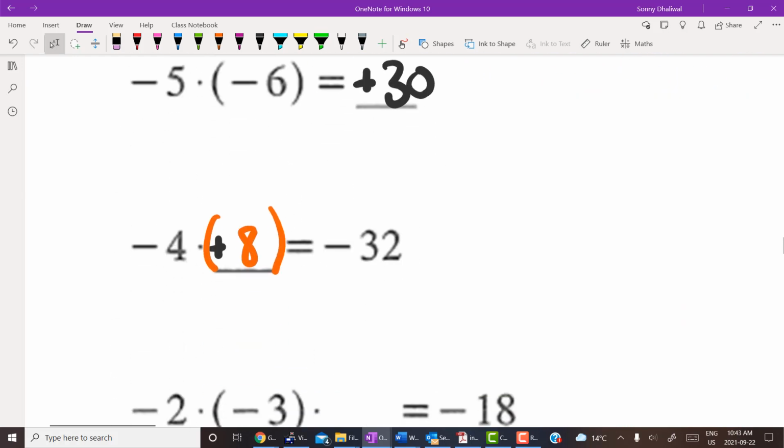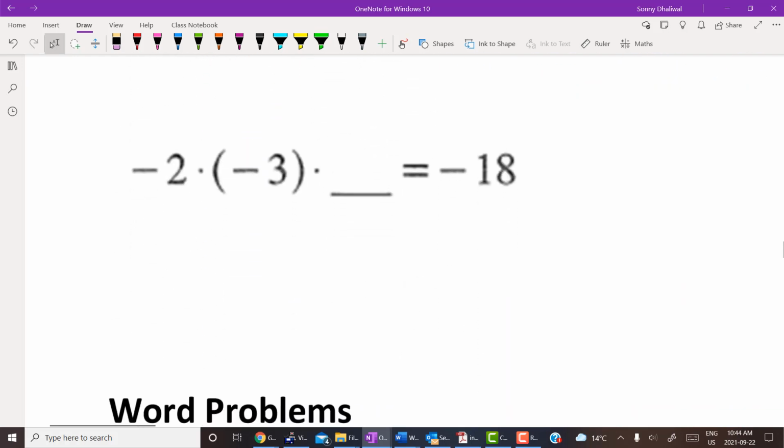Because otherwise the two negatives would cancel each other out to make a positive. So we have a negative here and a negative here that are going to cancel each other out. Right? So these two combine to make positive 6. Right? So what number has to go here? Negative 3. It has to be 3, because 6 times 3 is 18. And it has to be negative, because we want a positive times a negative to be a negative. So it has to be negative 3.